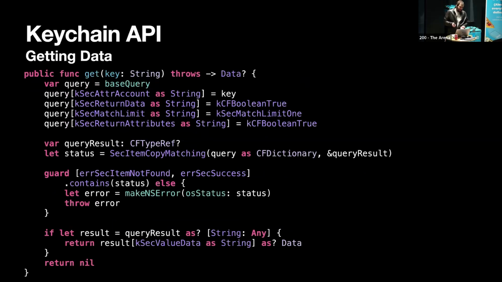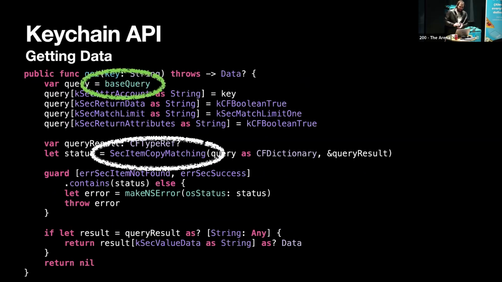And this is where you add the base query, and then you notice that there is match limit and limit 1. And the funny thing is, if you really want the keychain to return the data, you need to actually specify that. The reason why you want it to not return data is the other way. For example, if you want to check that the data is actually there, but without returning it, because you might not have the access to that data.